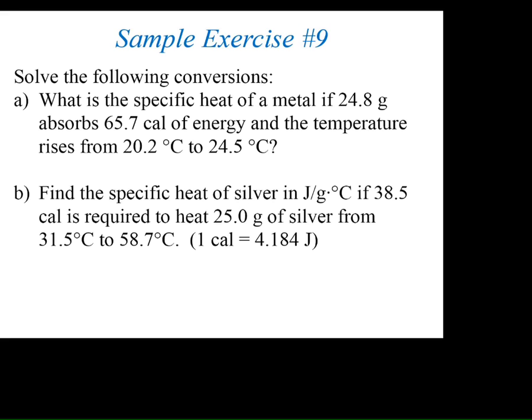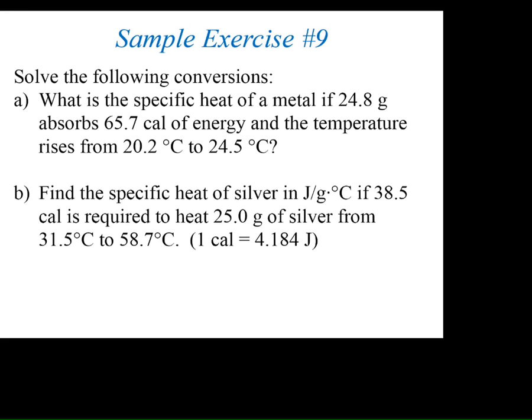So you measure it, and it's at 20 degrees Celsius. Okay, so you get some water, the heat, and you throw it in, and now it goes to 24.5. Aha, so it took 65.7 calories to raise your metal from 20 to 24.5.